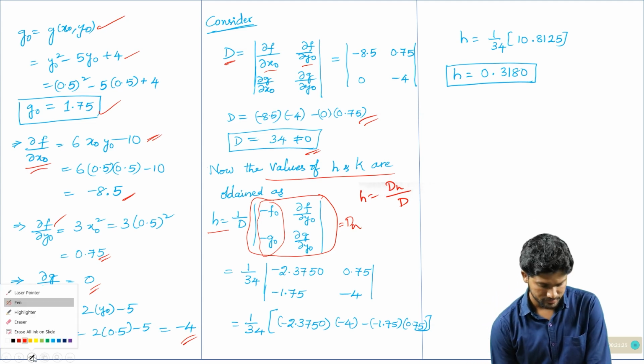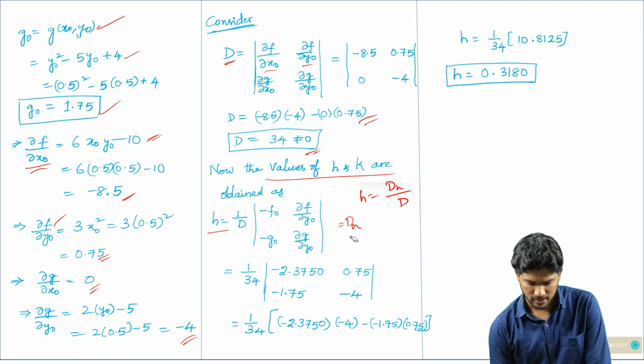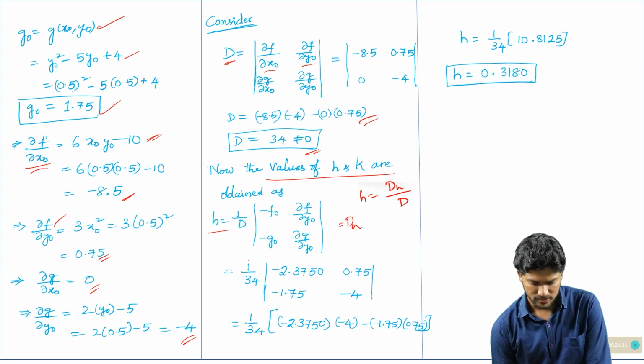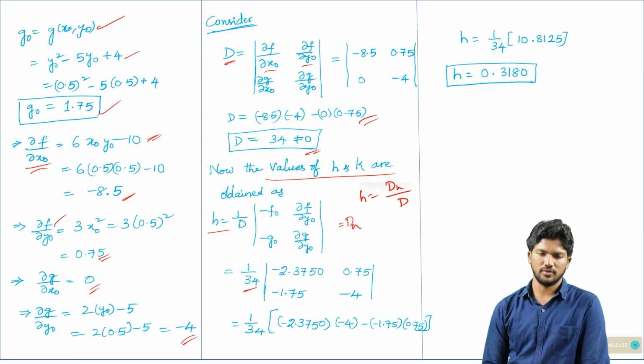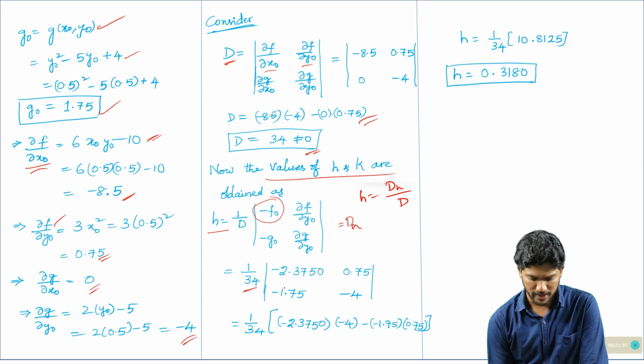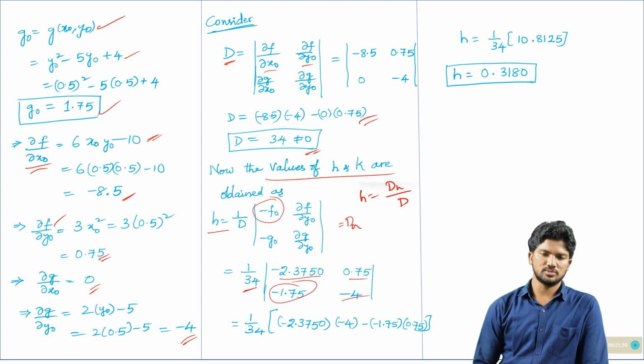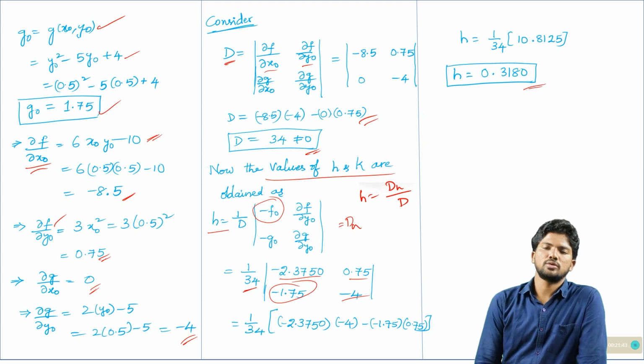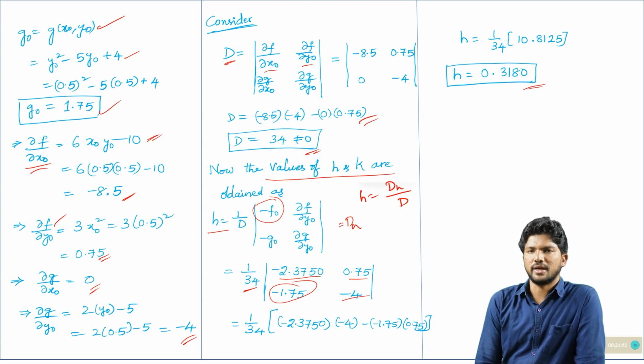So you can proceed in this format: 1 by 34, substitute all those values, minus f₀, minus g₀. Take the determinant value, then you will get small h is equal to 0.3180.